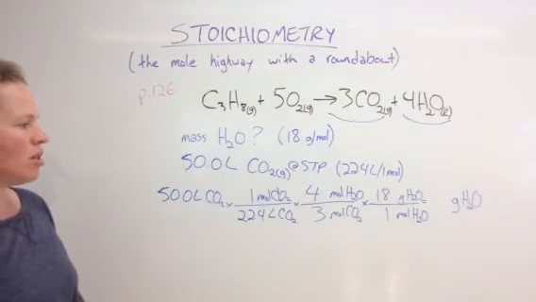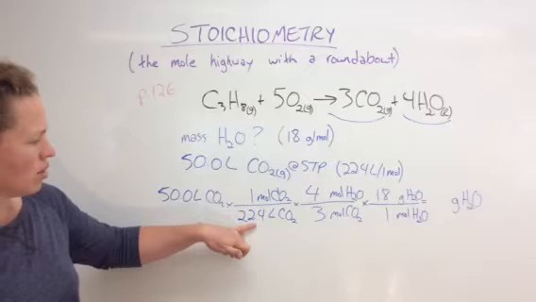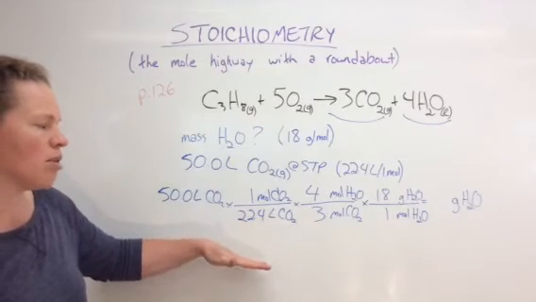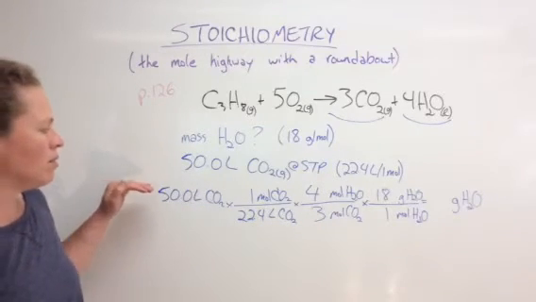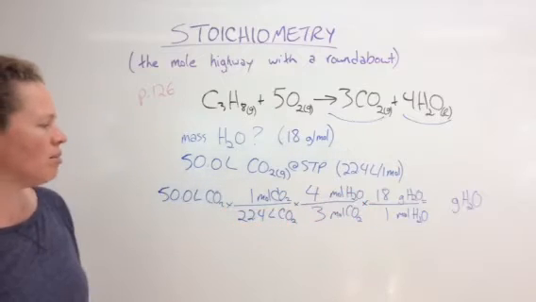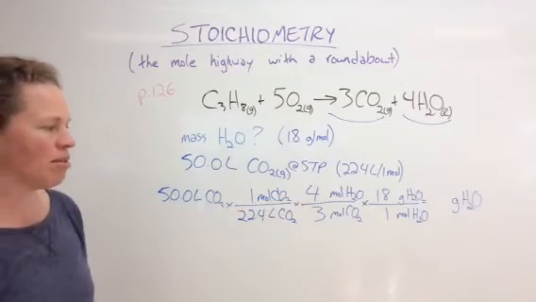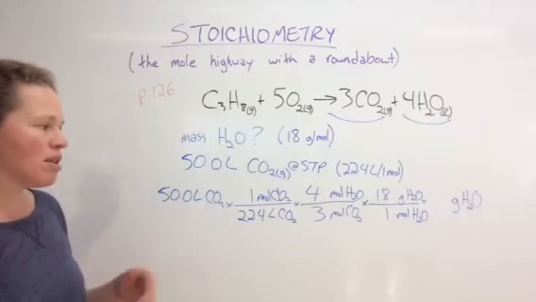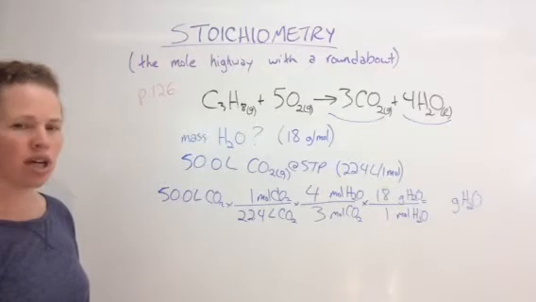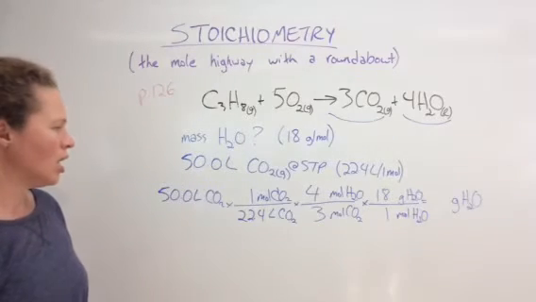I can either just go 22.4 times 3 and leave that on the bottom, and multiply all these guys and then divide by that, or go one step at a time. I don't care, whatever works for you. Play with it, see which one is more comfortable for you to do.